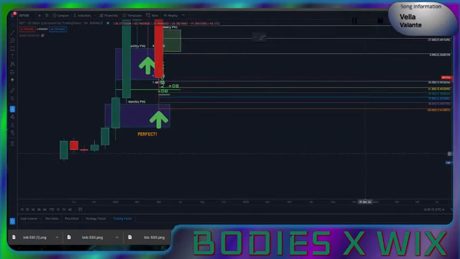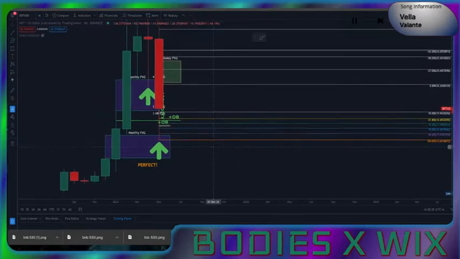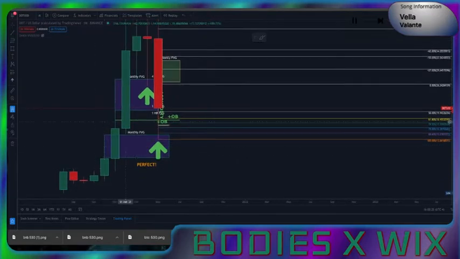If you have three candles in a row and they leave an open void of price in between, that's called the fair value gap.